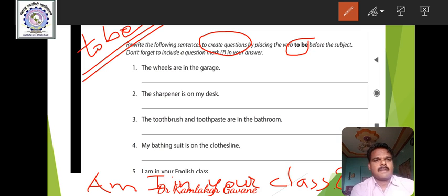Question mark. Then third sentence, the toothbrush and toothpaste are in the bathroom. Yes no type question. Are the toothbrush and toothpaste in the bathroom? Question mark. Next sentence here, my bathing suit is on the clothesline. Is my bathing suit on the clothesline?